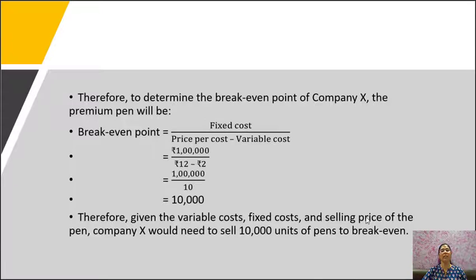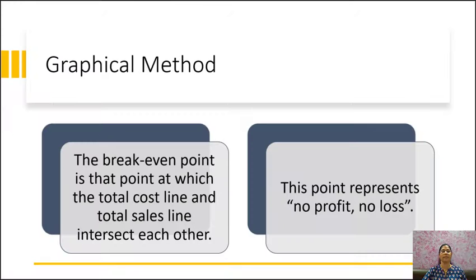Therefore, given the variable cost, fixed cost and selling price, company X would need to sell 10,000 units of pens to break even, that is to have no profit, no loss.